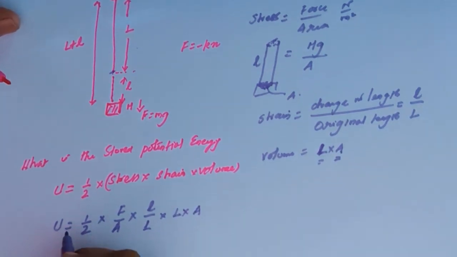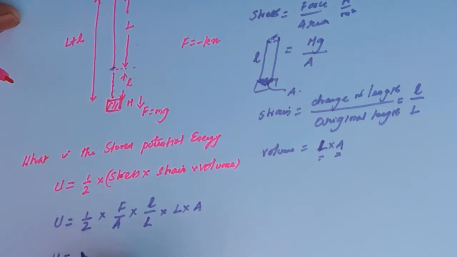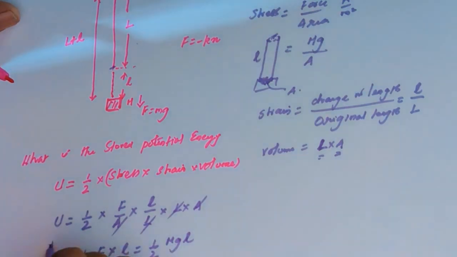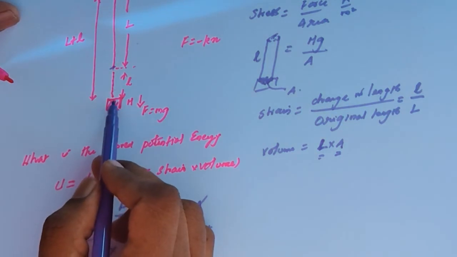So the elastic potential energy would be equal to, you can cancel this L and the area of cross section, half times the force into the small l. Half the force is nothing but the mass times the acceleration due to gravity, into the small l. So this much energy has been stored in the wire.